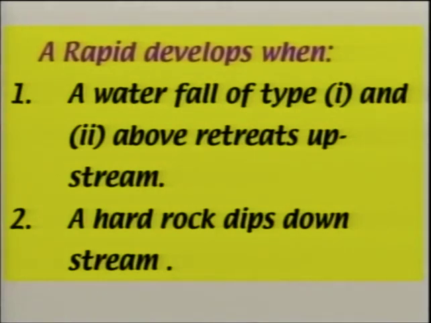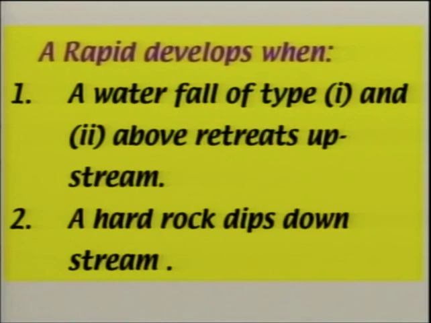There are 2 ways in which rapids can develop. 1, a rapid develops when a waterfall of type 1 and type 2 above, or what we have looked at already, retreats upstream. Let's recall, waterfalls can be formed in 3 different ways. 1, when the hard rock lies horizontally. 2, when the hard rock dips upstream. And 3, when the hard rock is vertical.